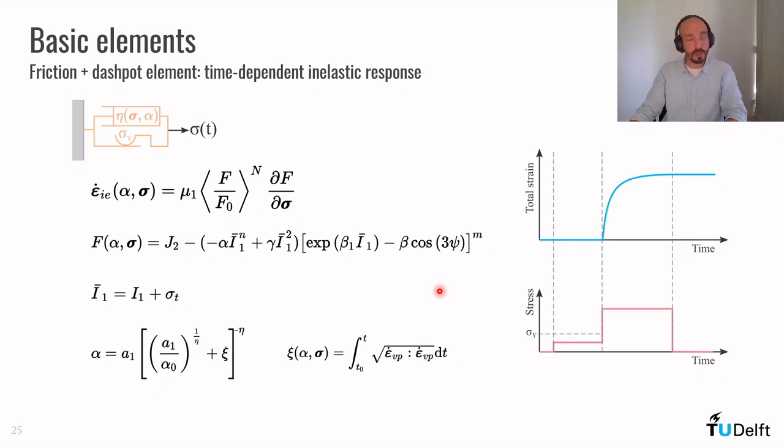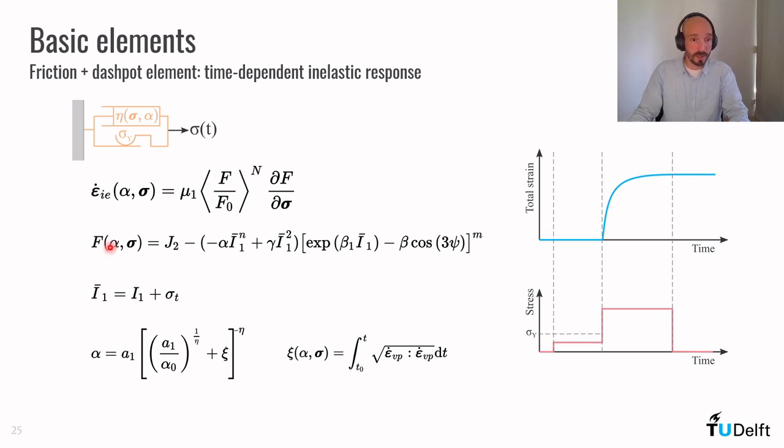And to solve this equation is also a little bit tricky, but we can also use the Newton-Raphson method just as the damage element. Because notice this, to compute the viscoplastic strain rate, we need the hardening parameter to compute the yield function.